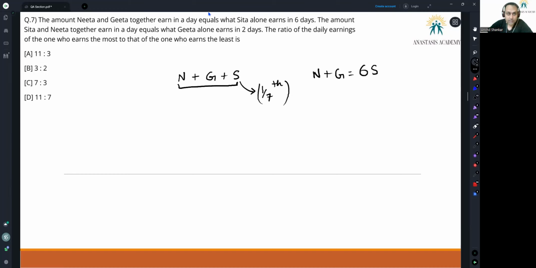Next, the amount Sita and Nita together earn in a day equals what Geeta alone earns in 2 days. So if Nita and Sita is equal to 2 Geeta, can I say Nita plus Geeta plus Sita is equal to, oh sorry, equal to क्या? Geeta earns 1/3 of the total.